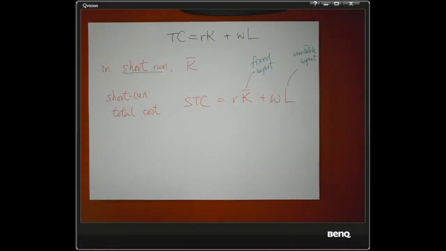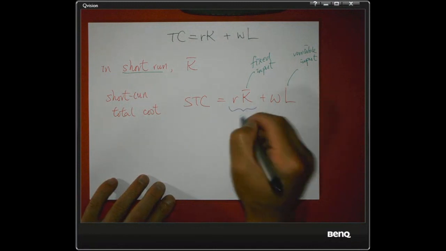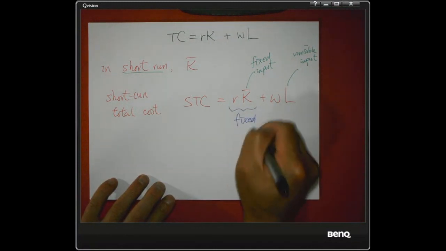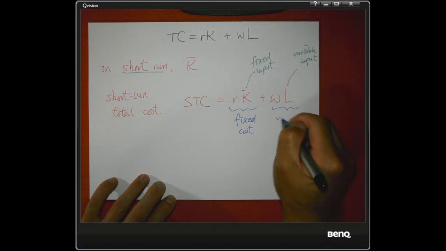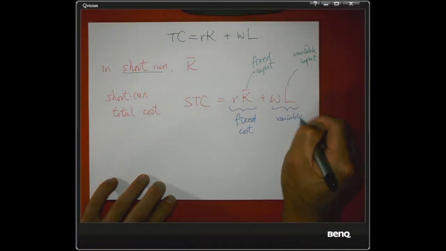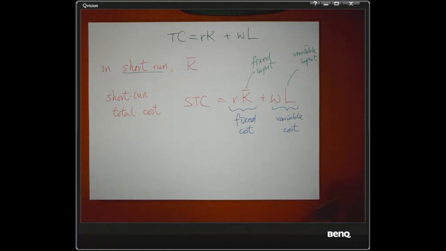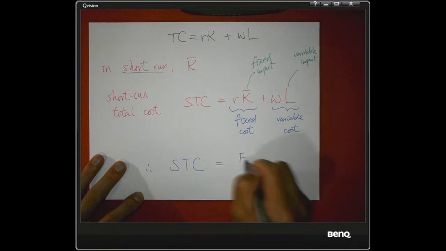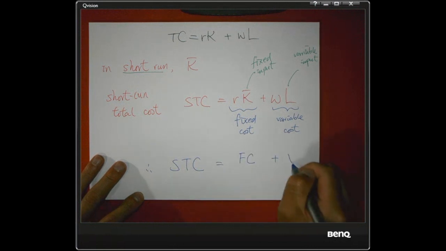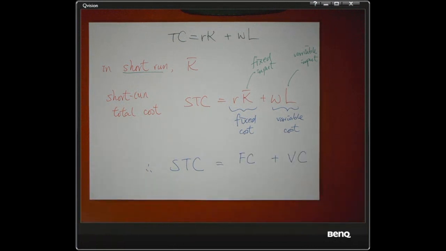As a result, this represents the fixed cost. And this represents the variable cost. And therefore, the short run total cost is equal to the fixed cost plus the variable cost.